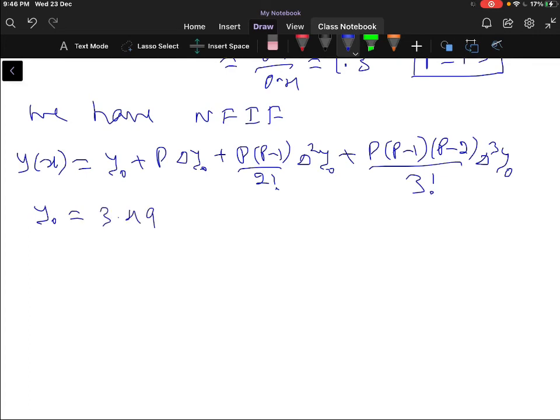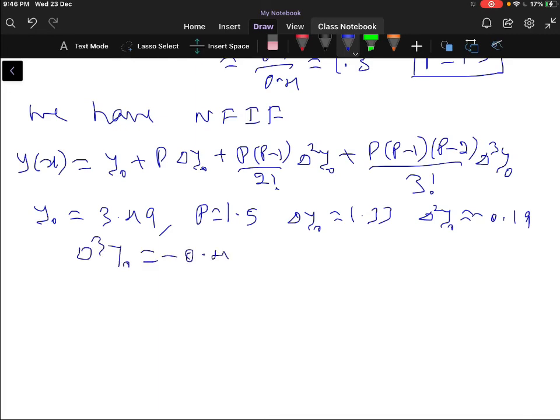Here y naught is 3.49 and p is equal to 1.5. Delta y naught is equal to 1.33. Delta square y naught is equal to minus 0.19, and delta cube y naught is minus 0.41, where x is equal to 1.6.